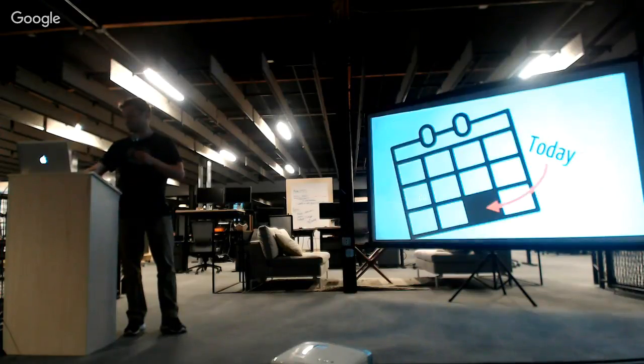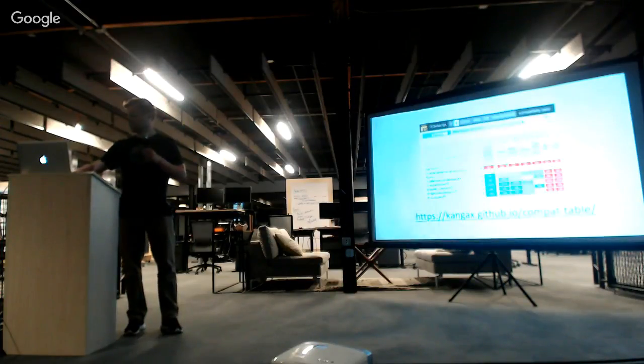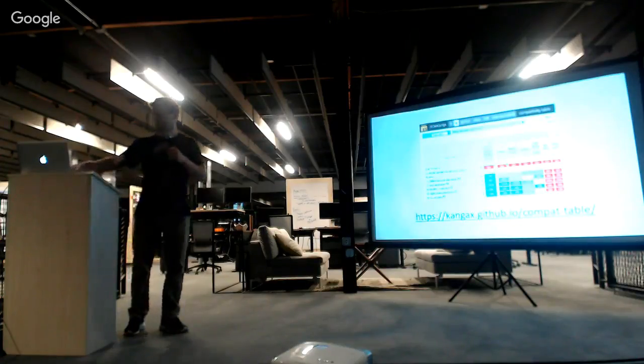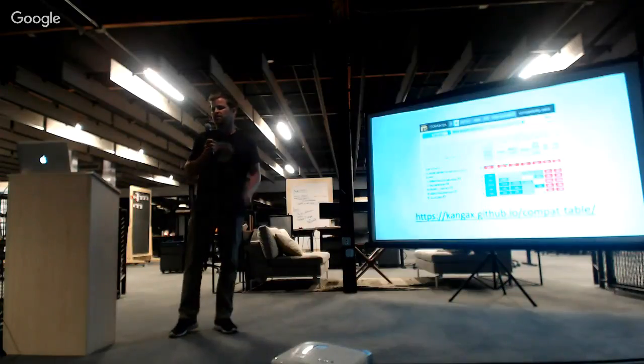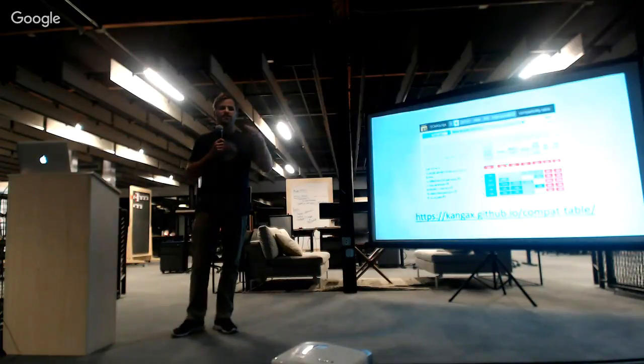It's really pretty interesting. If you want to use it today natively, there's a compatibility chart, which is similar to the Can I Use website, that for each feature will tell you which browsers support it.